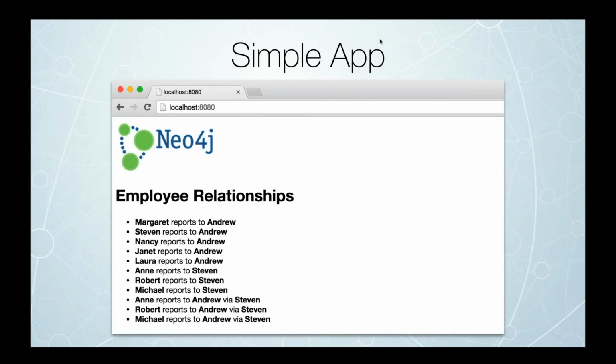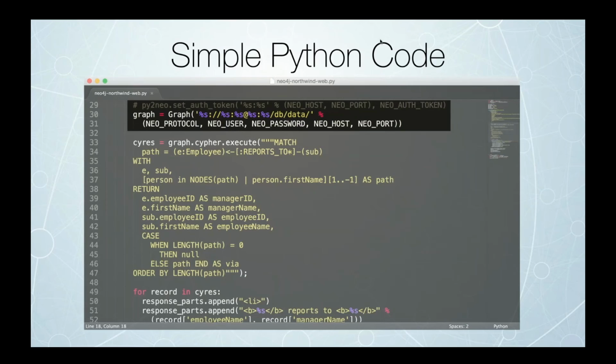Here's a super simple reporting application that just queries similar to the queries that we saw before, who reports to who, and variable length paths of reporting and so on to show us in a tabular form the structure of the organization. So let's look at the code for how we might power this simple application.